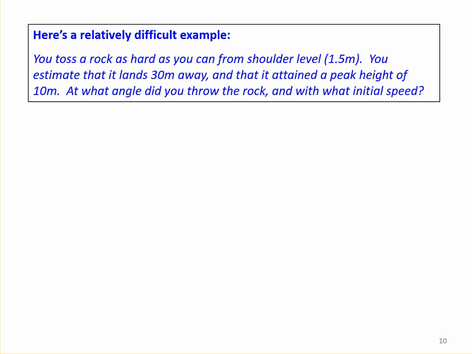Based on that information, you want to determine what angle you threw the rock at, and what the initial speed of the rock was when you threw it. Even though we're being asked different questions than in the first example, the method we're going to use to solve this problem is precisely the same.